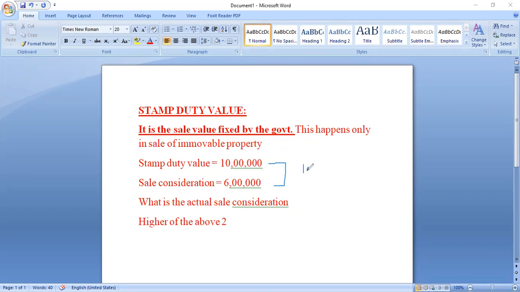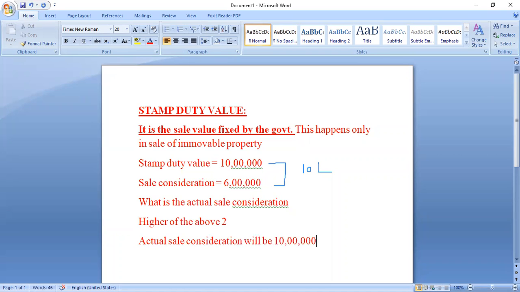So 10 lakhs will be the actual sale consideration.